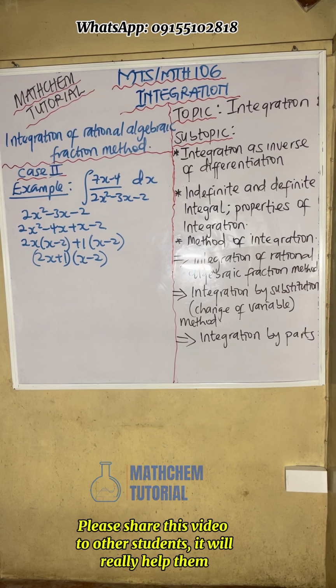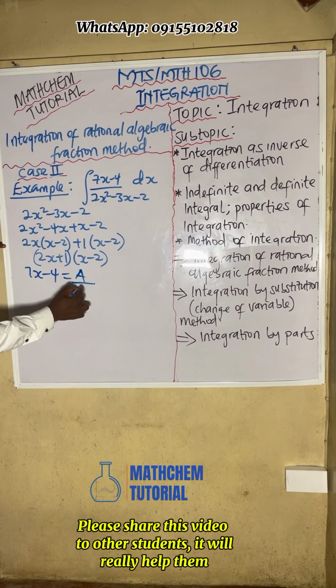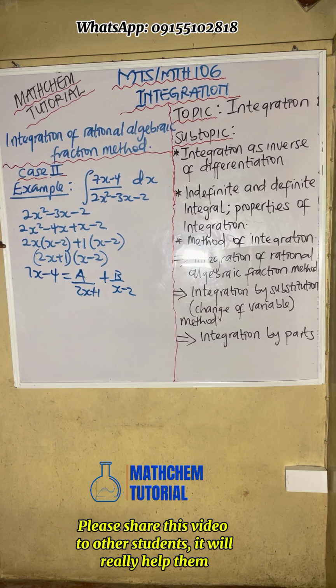So what I will do next is say 7x minus 4 over the denominator equals a over 2x plus 1 plus b over x minus 2. I can actually put this denominator here as 2x squared minus 3x minus 2.